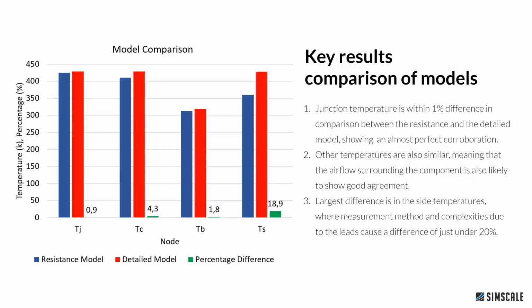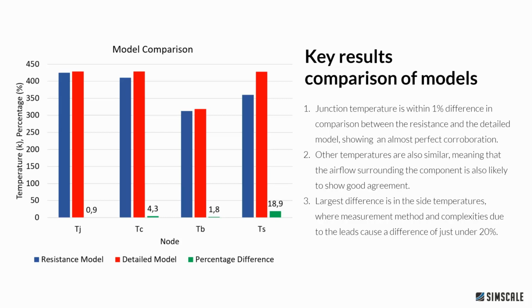And the key result that we're actually going to focus on is junction temperature, because ultimately, to find out whether a component's failed, we're going to need to know that it is under the maximum temperature, and therefore if that was off by quite a high percentage, then this wouldn't be useful to you.